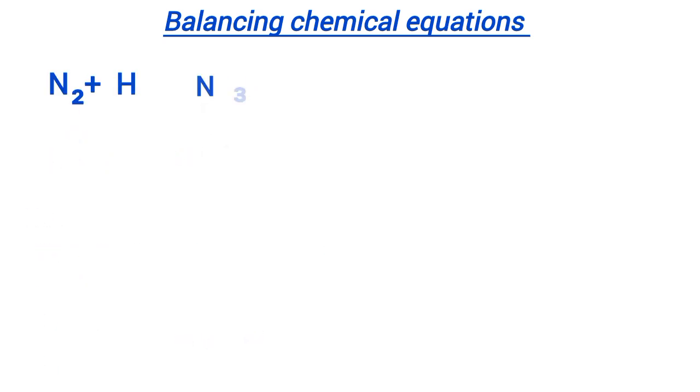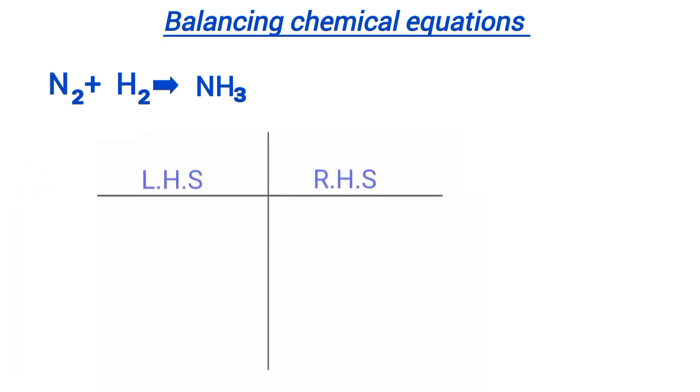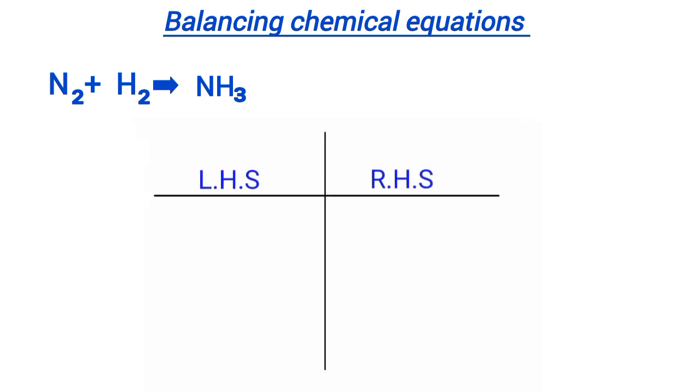Now, let's take this example. When balancing a chemical equation, the aim is to make sure we have atoms of each element in the same number on both sides of the equation. For this equation, there are two atoms present, which are nitrogen and hydrogen.